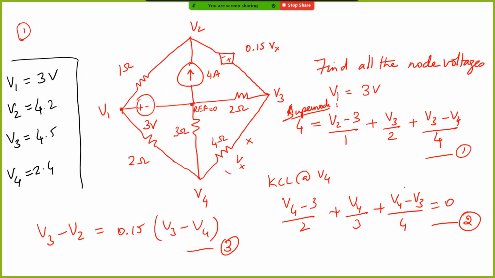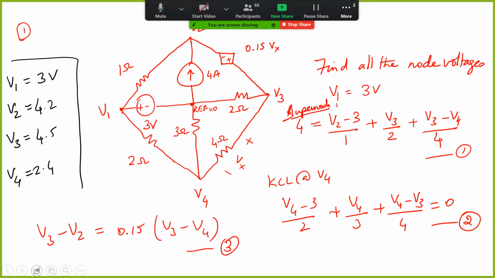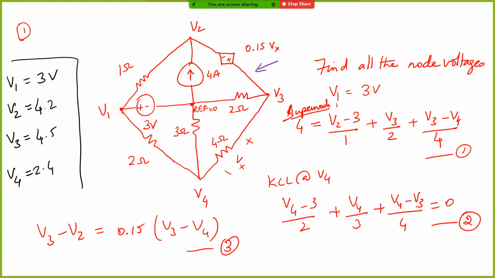In this case, if you take this particular pair of nodes, there is a voltage source, right? And we don't know what is the current through that voltage source. One option would be to assign an unknown current and then solve it.